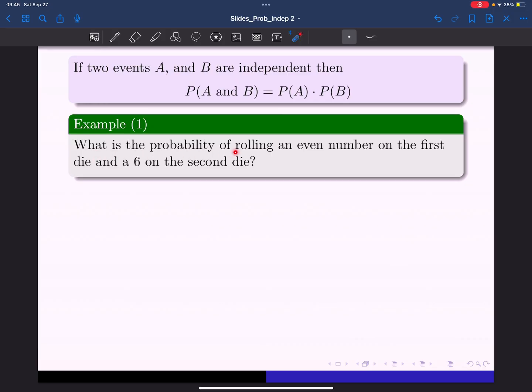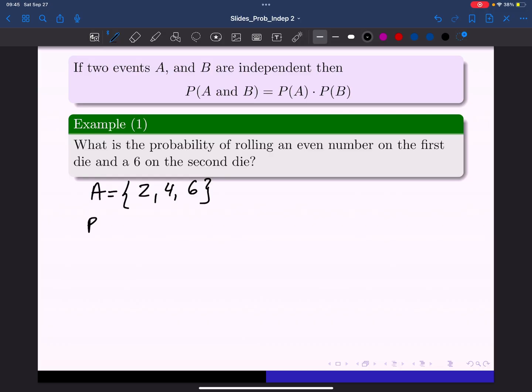What is the probability of rolling an even number on the first die and a 6 on the second die? So on the first die, when rolling an even number, we can have a 2, a 4, or a 6. So there are 3 possibilities.